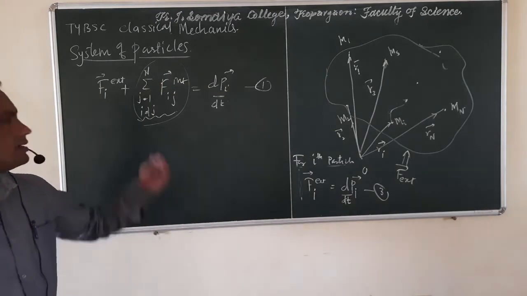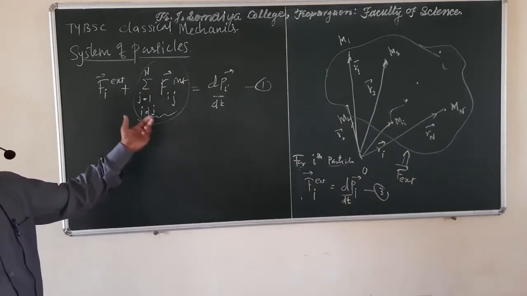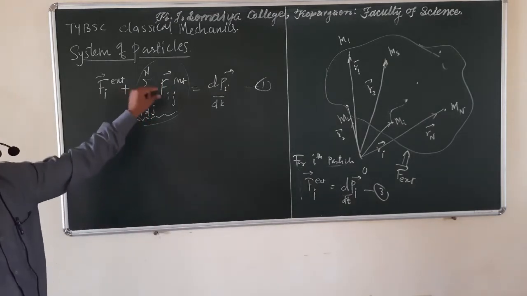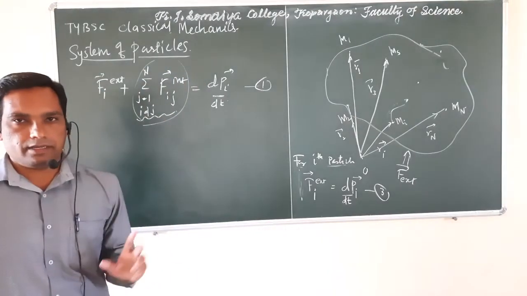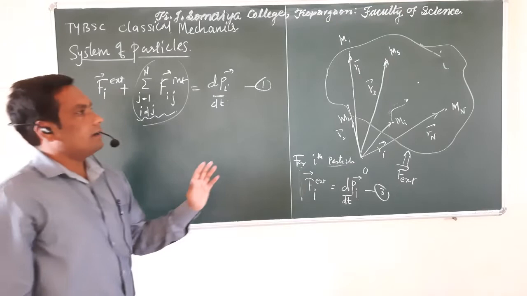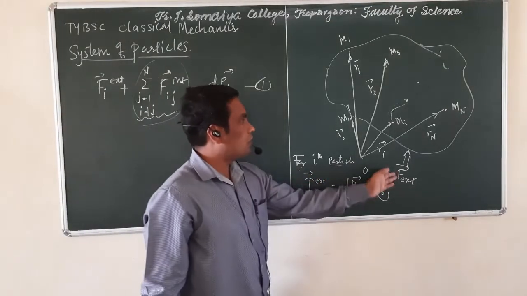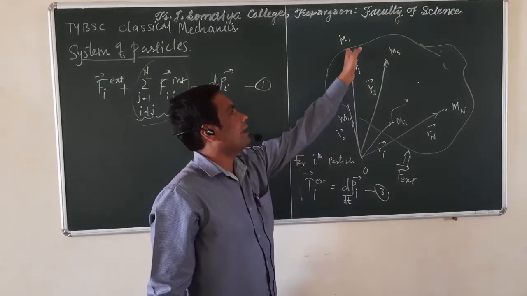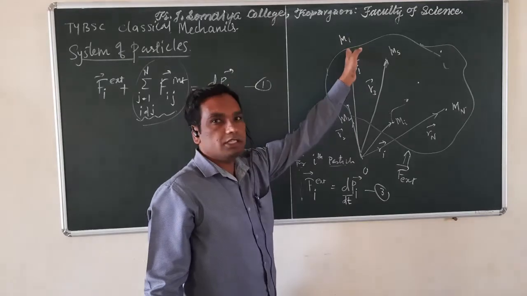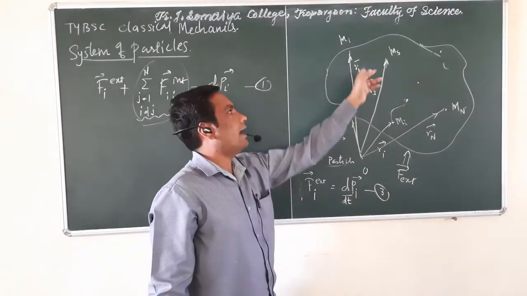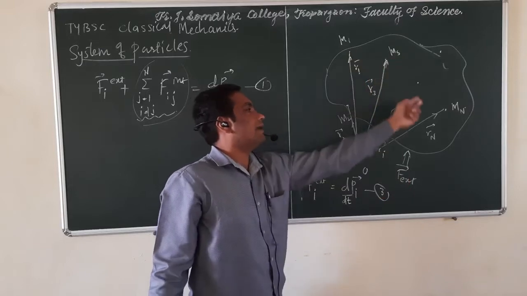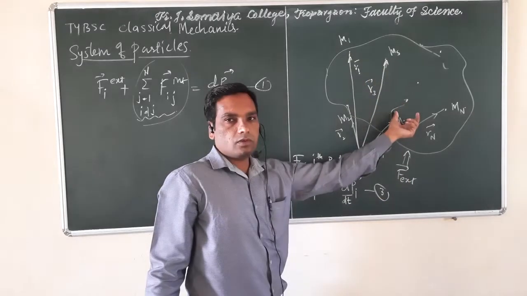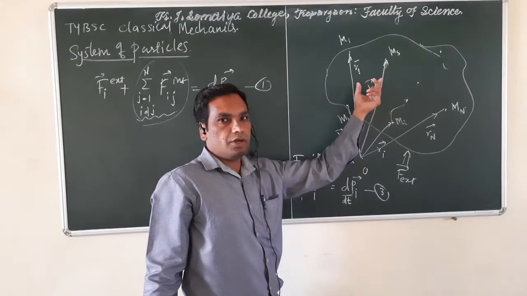Now how do we get this factor? To understand this, suppose the ith particle is the first particle, an arbitrary particle. If we apply an external force, a component of that external force is F1 external, and due to that force, the positions of all these particles change.